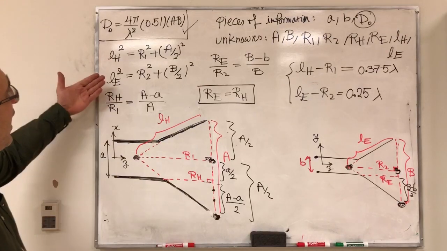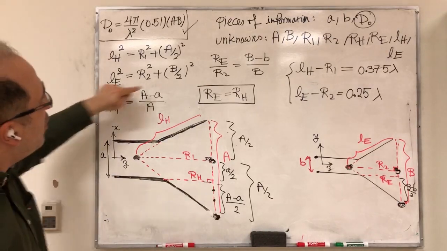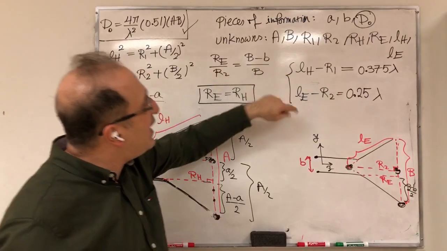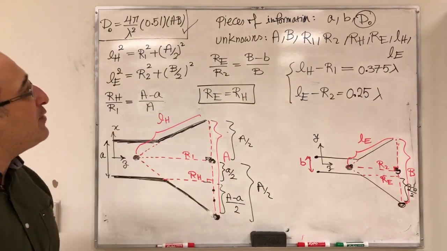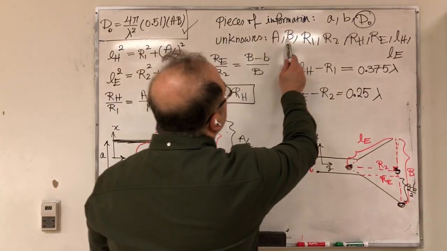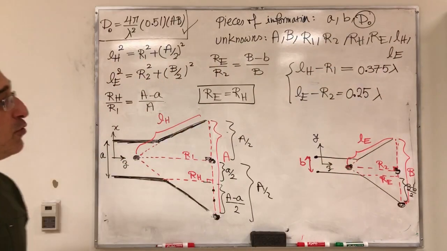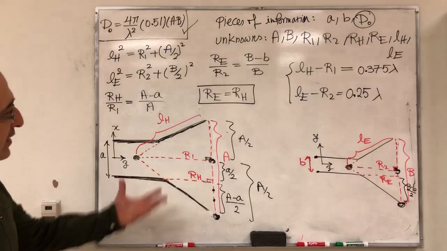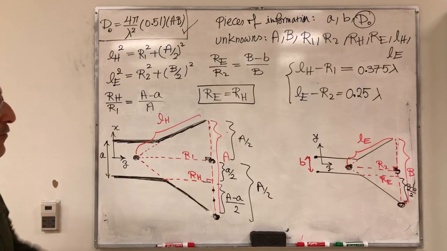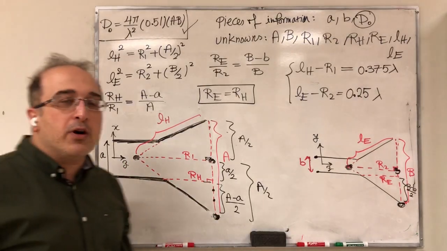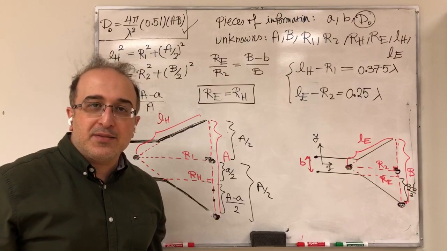Now, I have 1, 2, 3, 4, 5, 6, 7, 8 equations, and 8 unknowns. 8 equations, 8 unknowns, and I can determine different aspects of my horn antenna based on this.